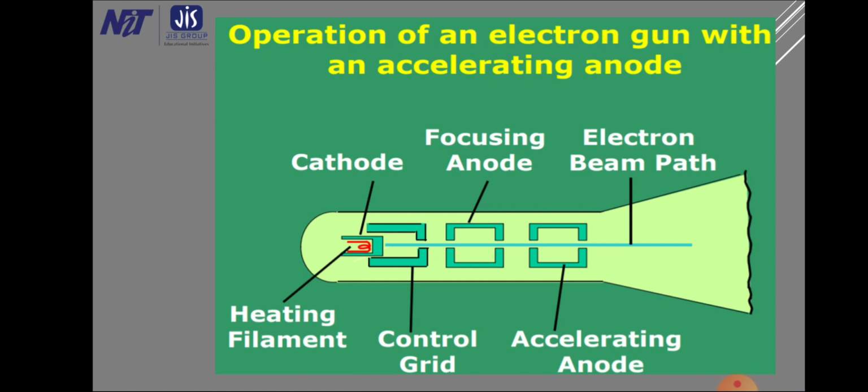We have three of them here: a control grid, a focusing anode, and an accelerating anode. These are essentially three cylindrical devices which are placed inside it, and the three of them have different jobs.